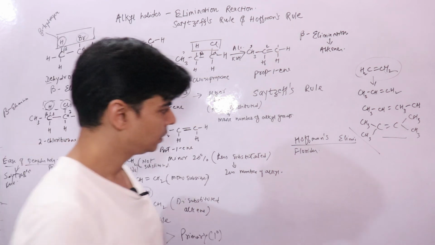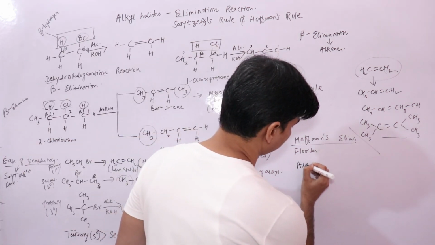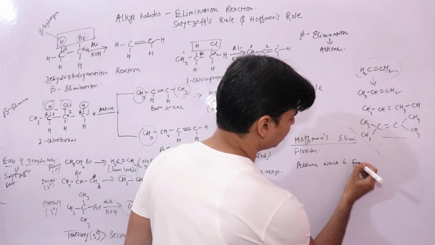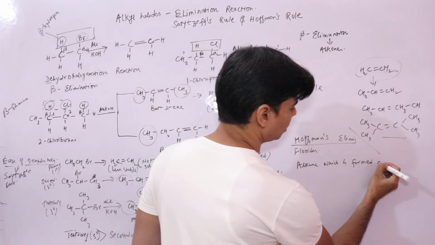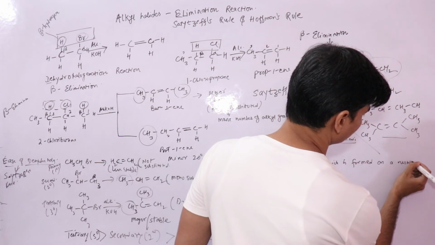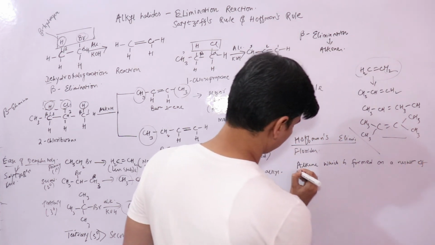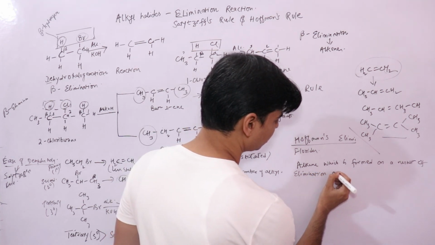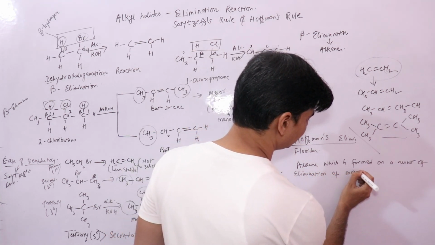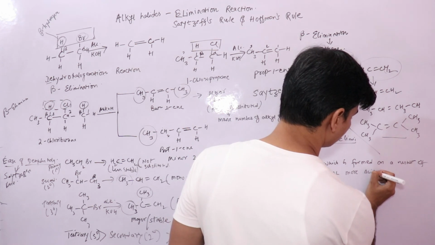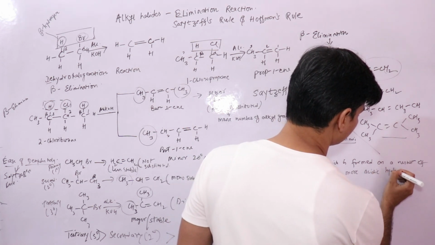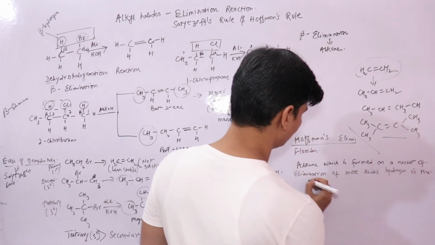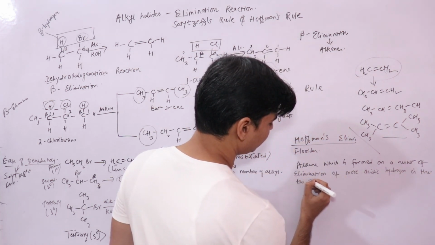Remember, the alkene which is formed as a result of elimination of the more acidic hydrogen is the most stable, the major product.